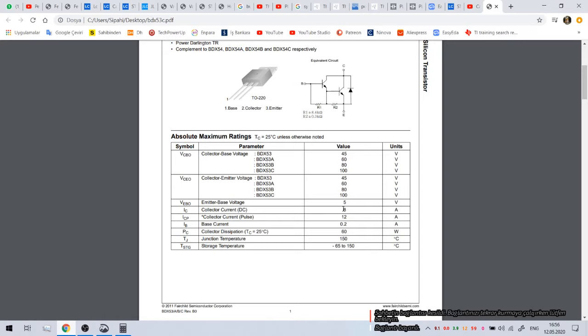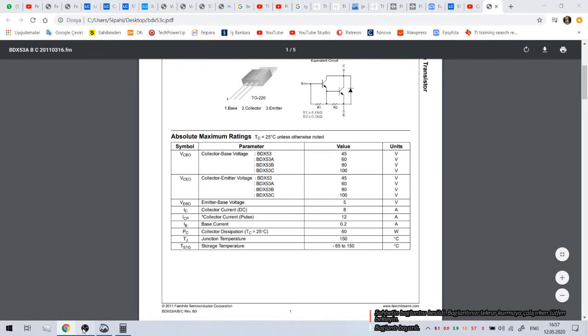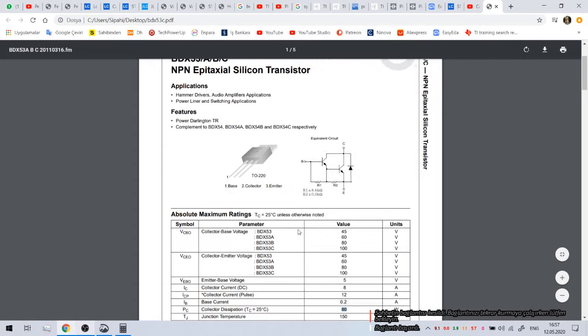If we multiply it by 3, we have a 24 amp rating. It is much higher than we need. And also we have a 108 watts power dissipation rating. It doesn't matter for us.